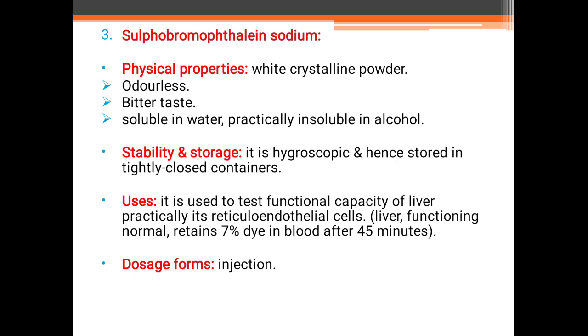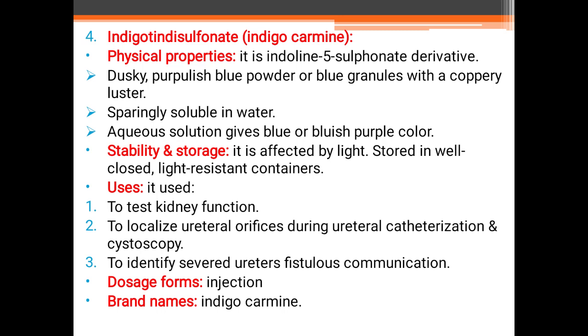Practically, it is taken up by reticuloendothelial cells. A normally functioning liver retains 7% dye in blood after 45 minutes, and if the percentage of the dye is increased, it indicates that there is some problem associated with functioning of the liver. Dosage form is injection.